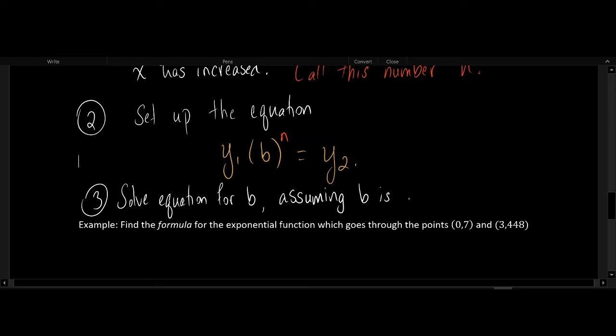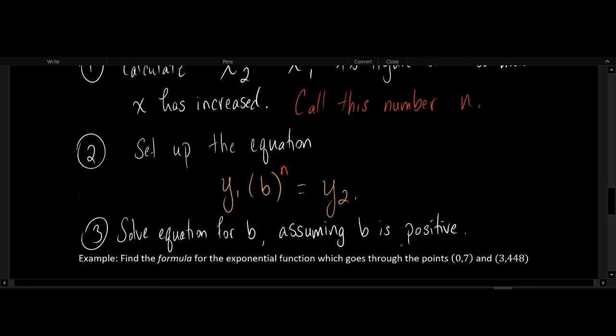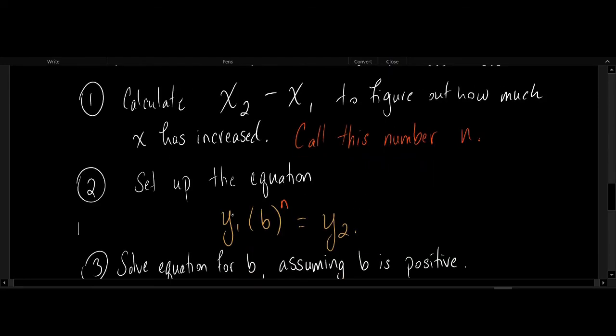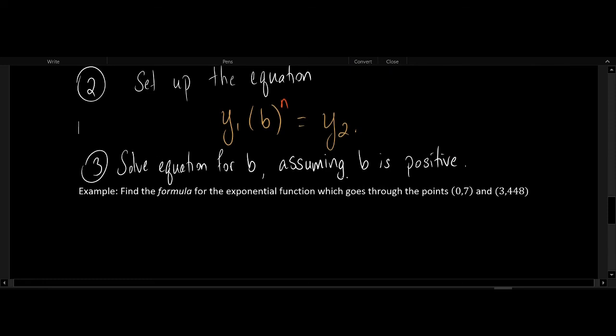All right, so that's the general process. If you're given 2 points, and you know that there is an exponential function going between those points, and you're asked to find the base, figure out how much x has increased, multiply the first y by b that many times, set it equal to the last y, and solve that equation for b.